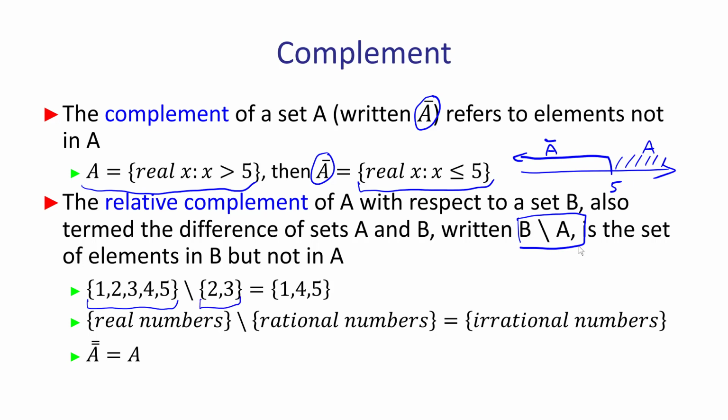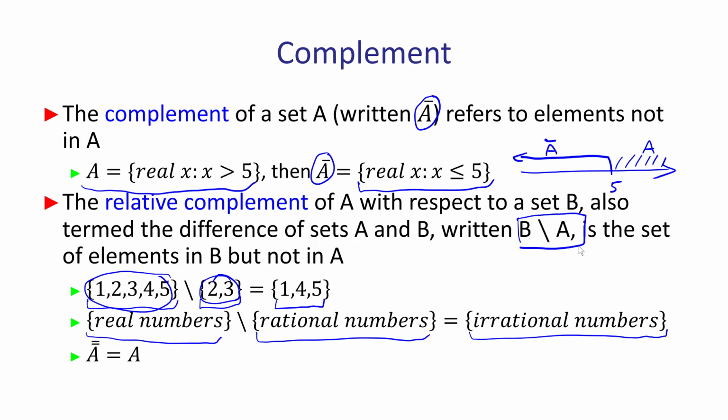So you are looking for something which is in B and not here, which are elements 1, 4, and 5. Or another example, you have set of all real numbers and you want to remove all of the rational numbers. What is left is irrational numbers.